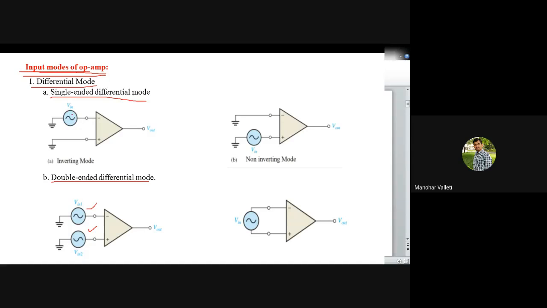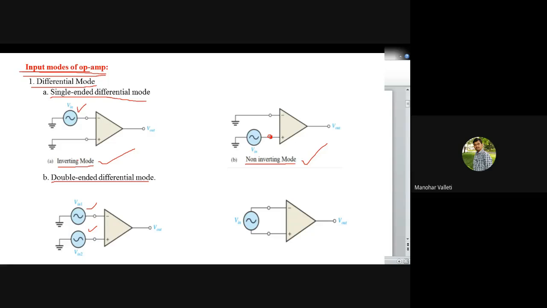You just see here, single-ended differential mode. The input is applied at one of the input terminals and the other input terminal is grounded. Here you applied the input to the inverting terminal, that's why it is inverting mode. And here the input is applied to the non-inverting terminal, that's why this is non-inverting mode. Based on where you are applying the input, we call it inverting mode and non-inverting mode.